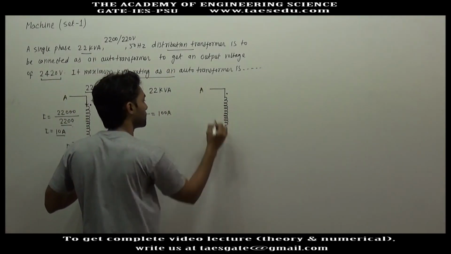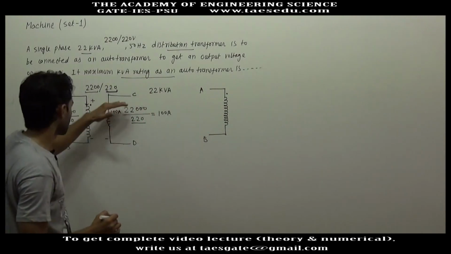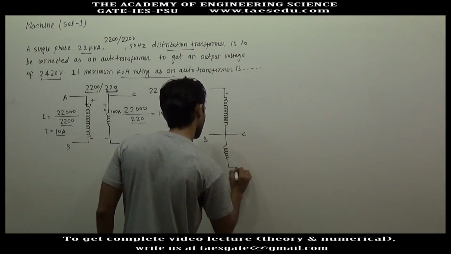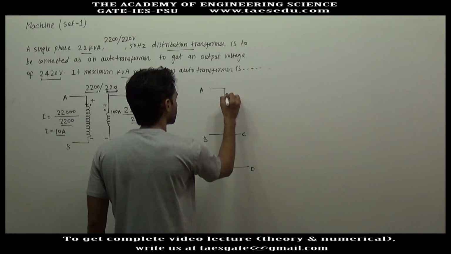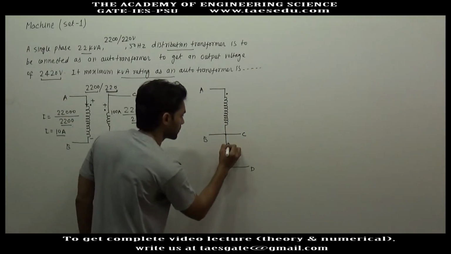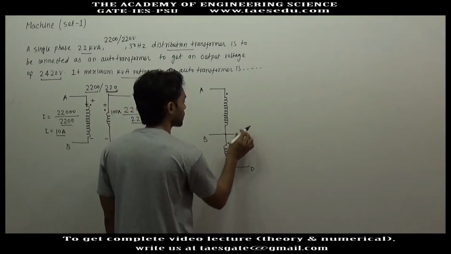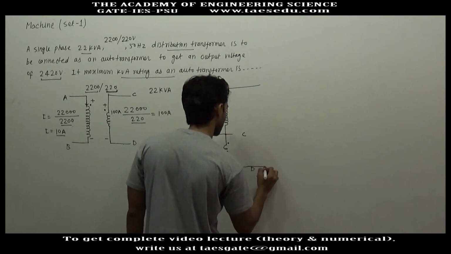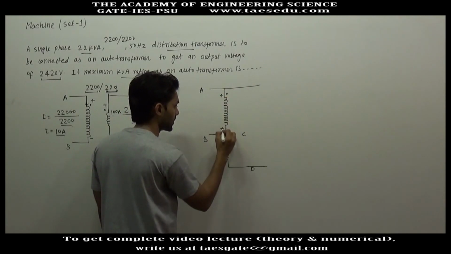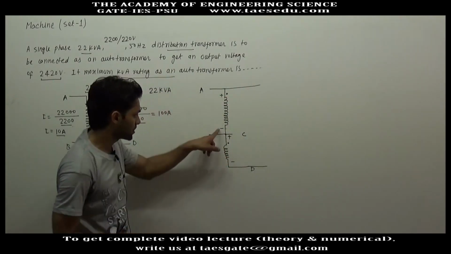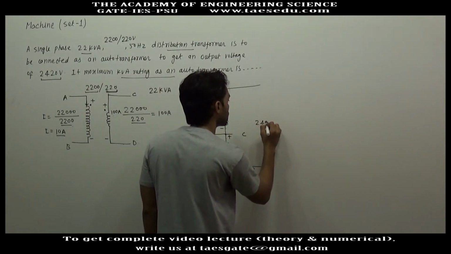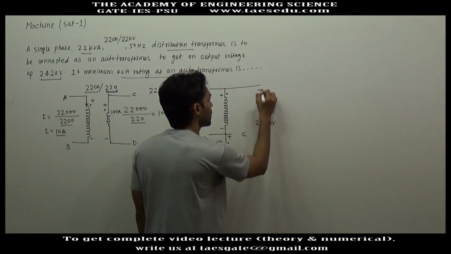This is A, this is B. Then C will be connected to B. This is C, this is D. This is the dot, and the dot is at C. So here we will have the dot, and this will be the output voltage. The positive and negative are connected. Here you have positive, negative, positive, negative. So positive and negative are connected, and at the remaining terminals you will get 2420 volt.